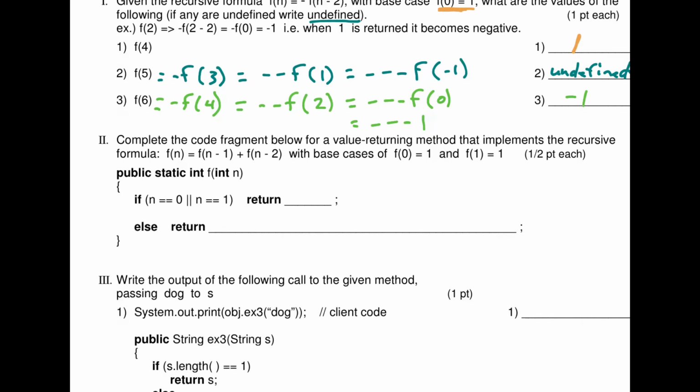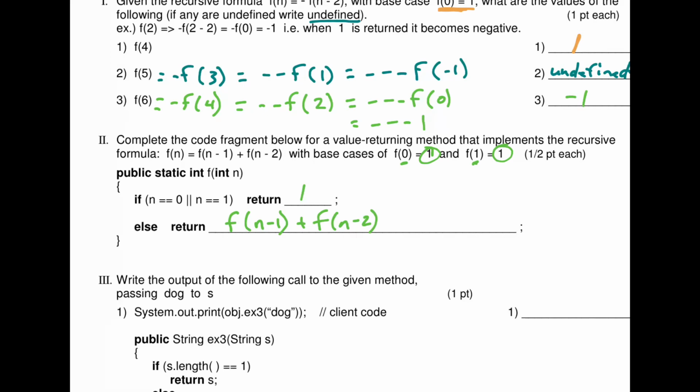So our first if statement here will say if n equals 0, which is what we have there, or n equals 1, which is what we have there, then we are going to return 1. Else, we are going to return f of n minus 1 plus f of n minus 2.